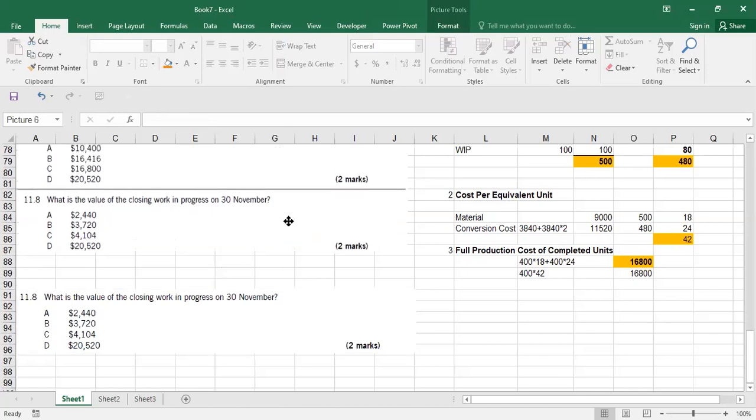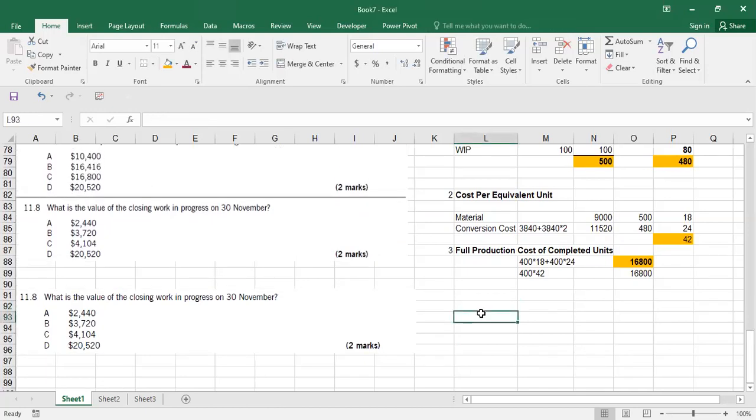Now we know that closing work in process, so 11.8, it says the value of closing work in process. So what is closing work in process? You know that your closing work in process was 100 units, but they were not complete. Remember, they have some degree of completion. So you say that with respect to material and with respect to conversion cost.